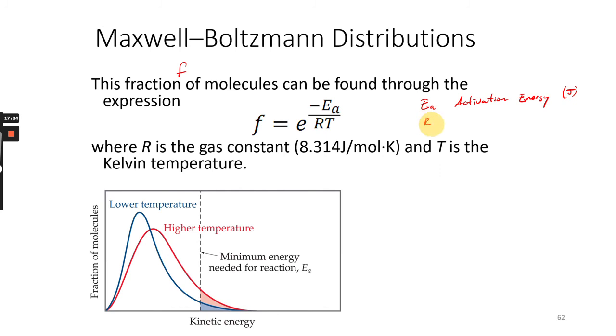And R is your gas constant, and you have to use 8.314 joules per mole Kelvin. And T is temperature, and this is important, has to be in Kelvin. So if you remember, Kelvin is equal to your degrees Celsius plus 273.